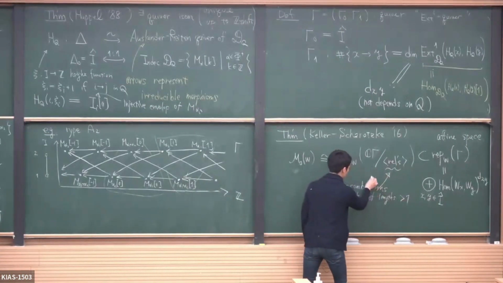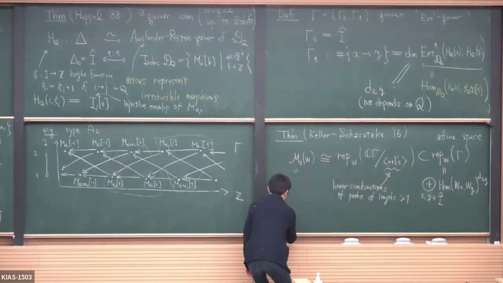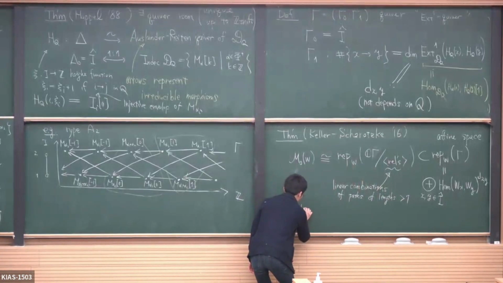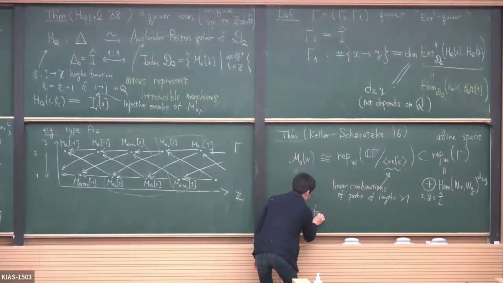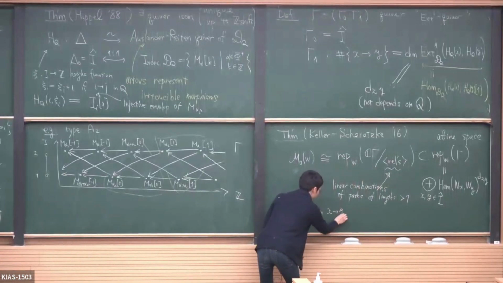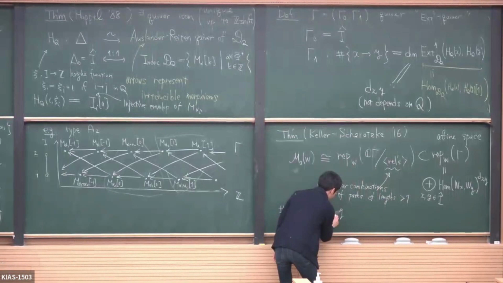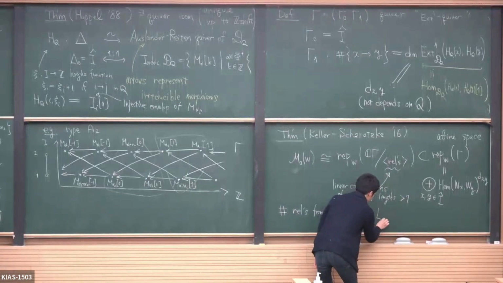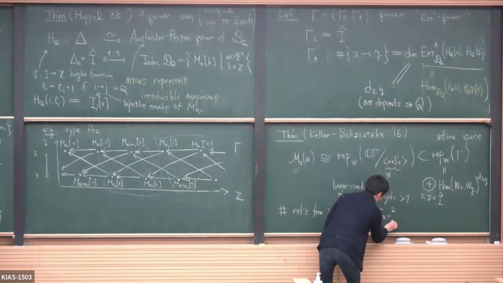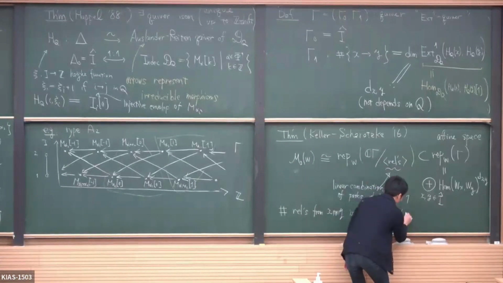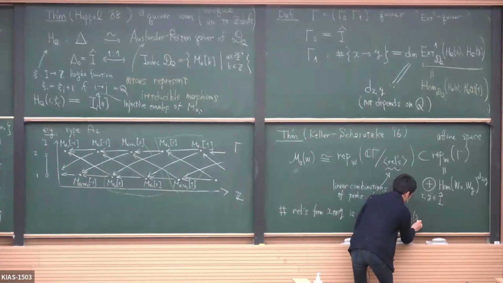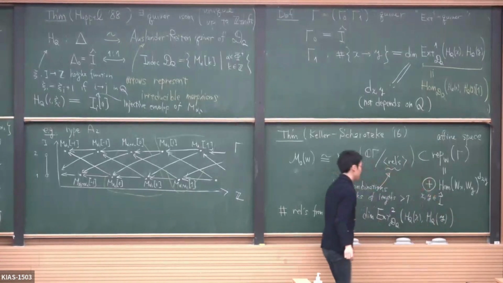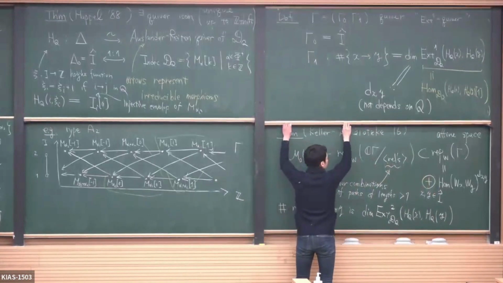And they also prove that the number of relations from x to y is given by the dimension of Ext^2 of the corresponding indecomposable objects in the derived category. So this is a theorem due to Keller and Scherotzke.